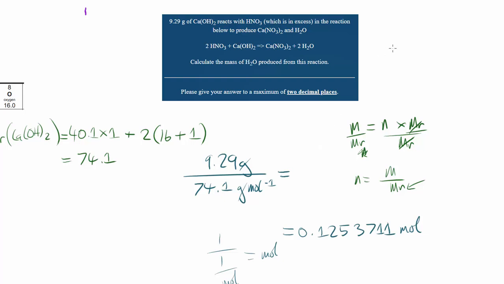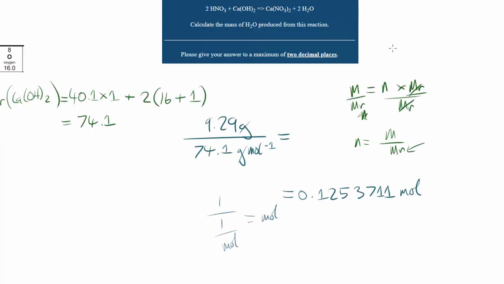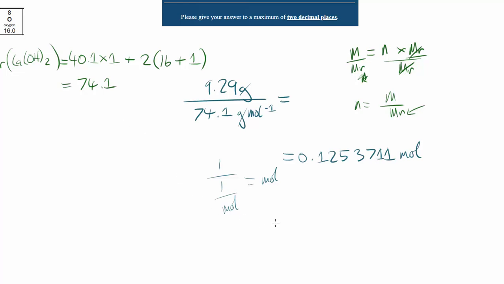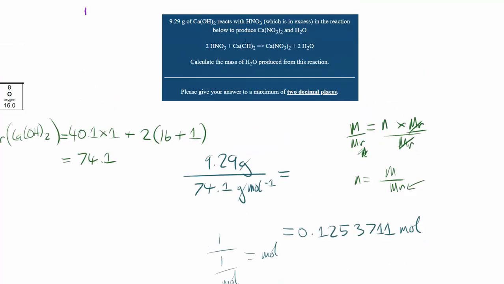Now we need to refer back to the equation, because this is obviously not necessarily what the moles of H2O is going to be. So what does the actual equation tell us? When we look at the ratio of moles of Ca(OH)2 compared to the moles of H2O, the equation tells us that we've got a 1:2 ratio.